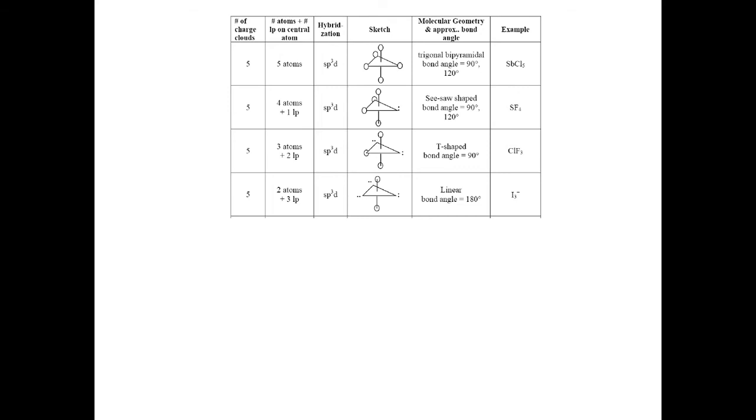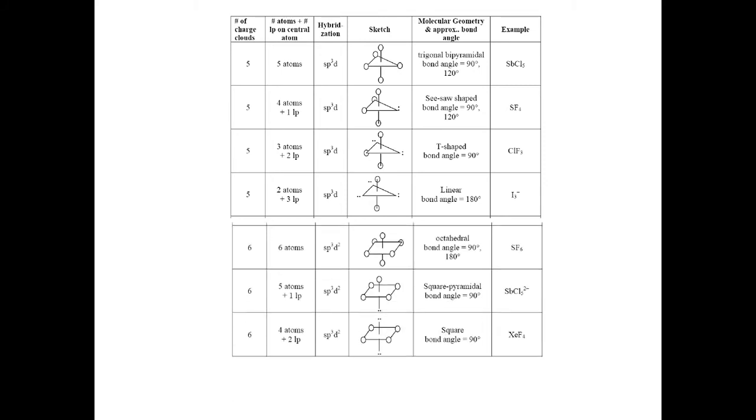So the geometry will result in a seesaw type geometry. Such geometry is also known as butterfly geometry, seesaw geometry or K-shaped geometry. So we need to be very careful about those terms. If there are 2 lone pairs, then that will be T-shaped. A very nice example is ClF3. And if there are 3 lone pairs, that will be again linear.